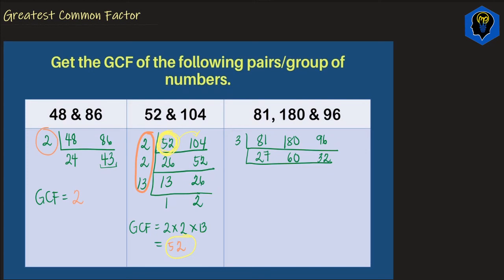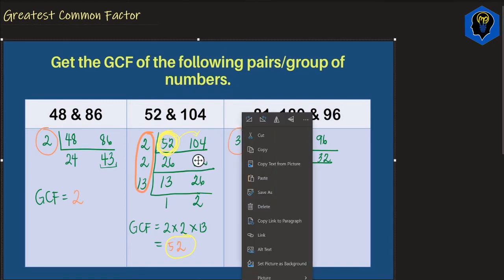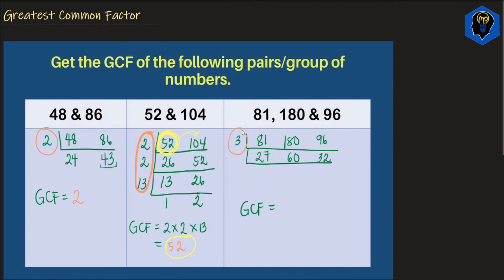It can't be 2. It can't be 3. How about 4? It can't be 4 either, because of 27. Of course, not 5, 6, 7, 8, 9, 10. So, none. In this case, we stop here and we say that the GCF is equal to 3.